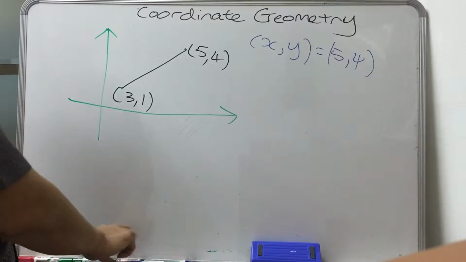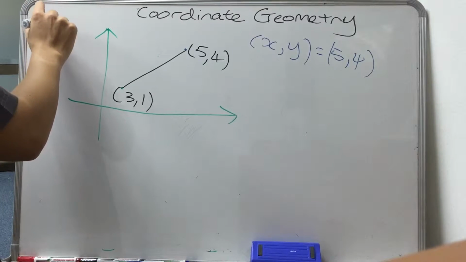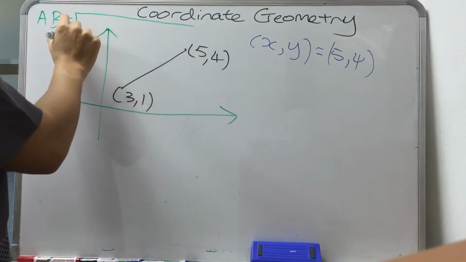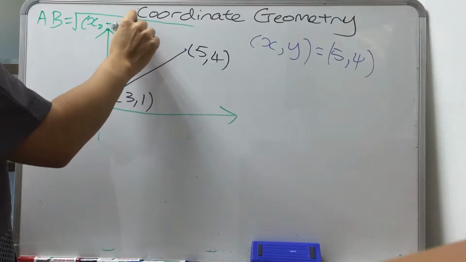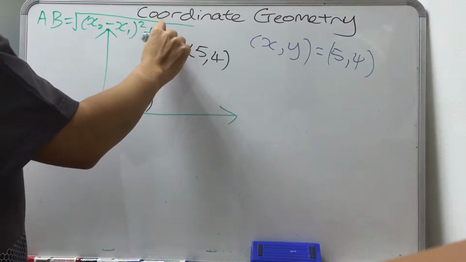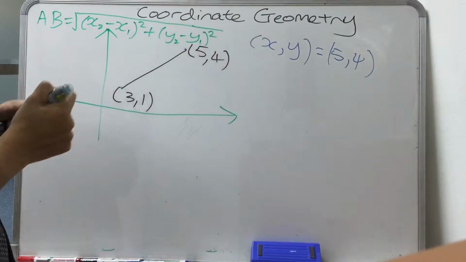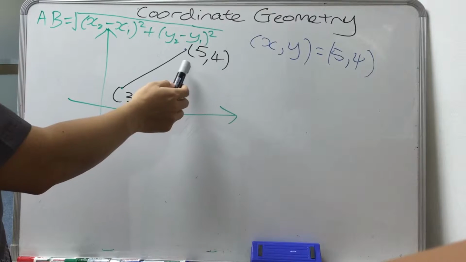This formula is a bit long, so you have to remember it. The length AB equals the square root of (x2 minus x1) squared plus (y2 minus y1) squared.